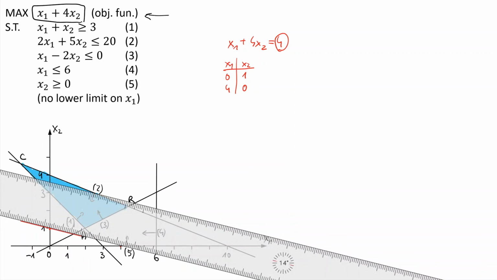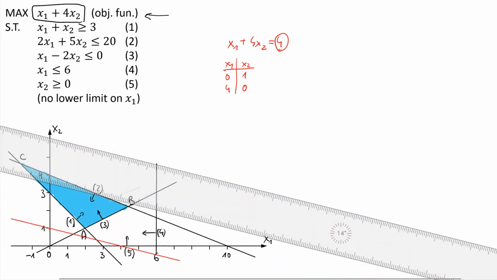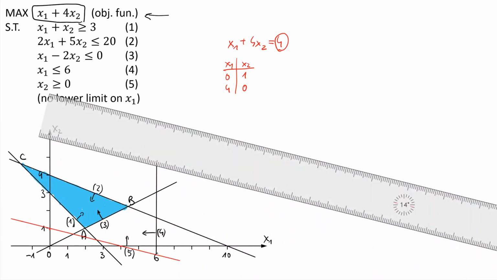So this is the level curve. This is for value 4. And it's actually also interesting if I try value 0. Then I will be crossing point (0, 0), because (0, 0) satisfies x1 plus 4x2 equals 0.